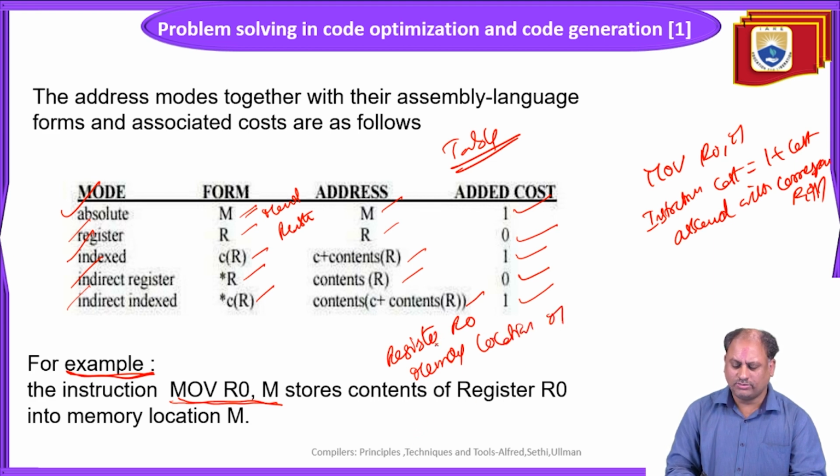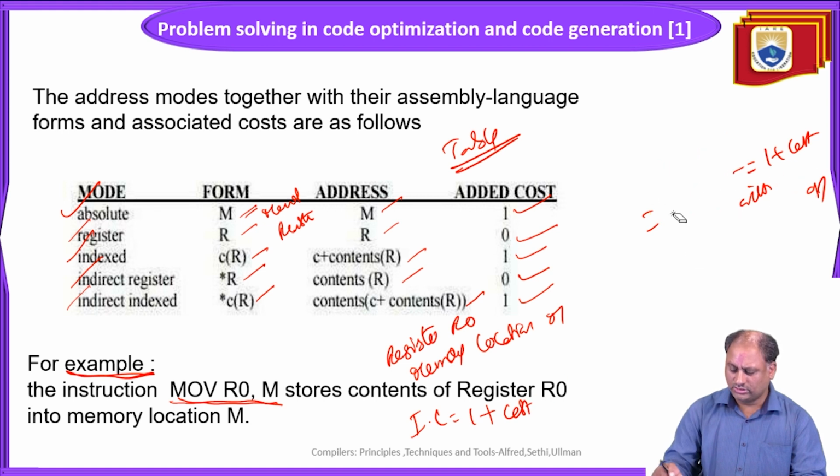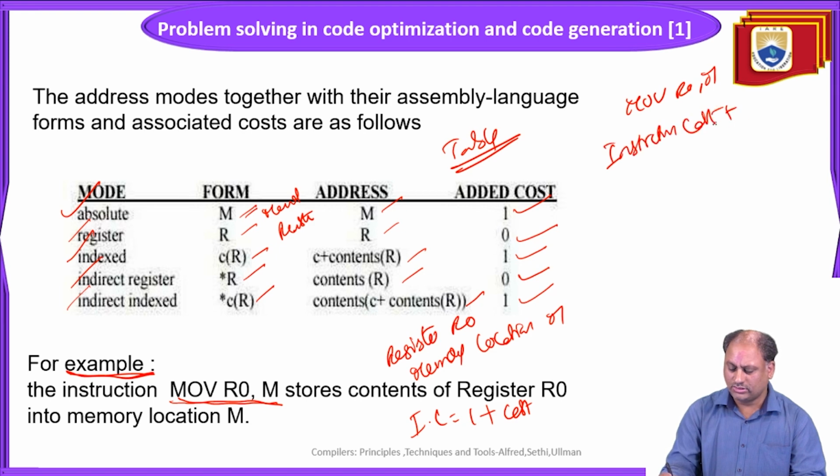So as per the table, how will the instruction cost be identified? Instruction cost equals 1 plus cost association. Here in this example, R0 is given, M is given. So move R0, M. Now instruction cost equals 1 plus the cost association of register and memory.